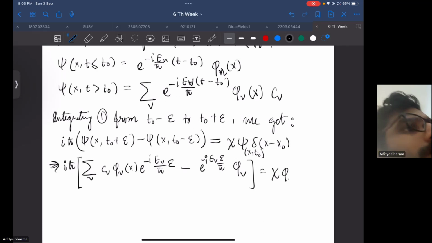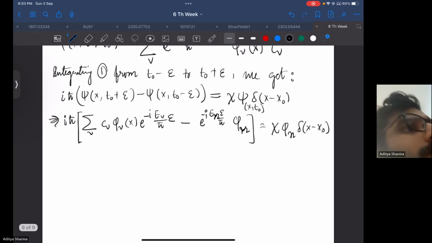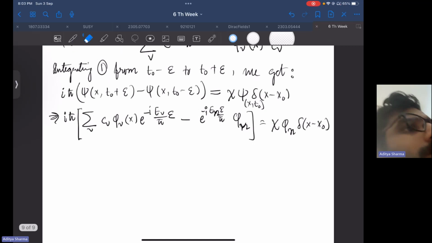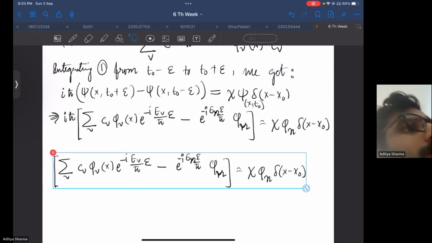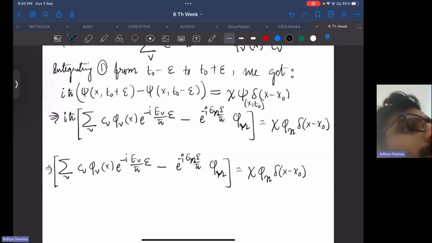And then, now since epsilon is small, this formula will be nothing but this part only.